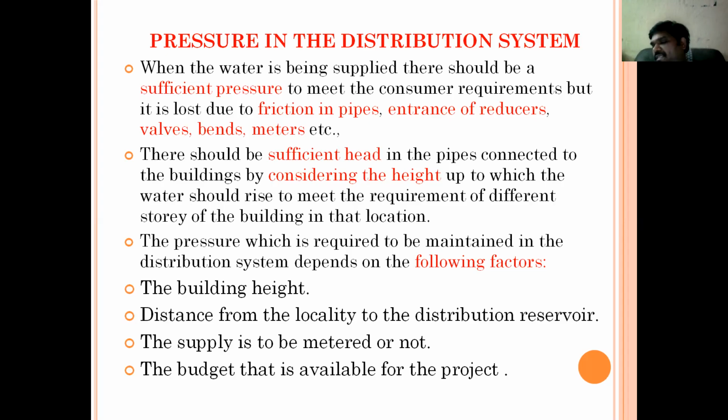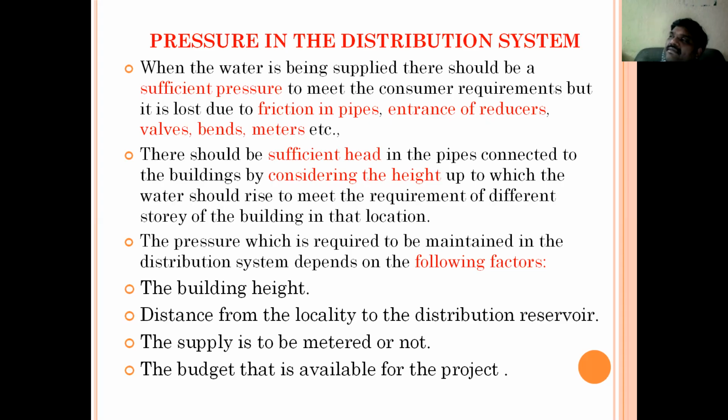When the water is being supplied, there should be sufficient pressure to meet the consumer requirements, but it is lost due to friction in pipes, entrance of reducers, valves, bends, meters, etc. There should be sufficient head in the pipes connected to the buildings, considering the height up to which the water should rise to meet the requirements of different stories of the building in that location.